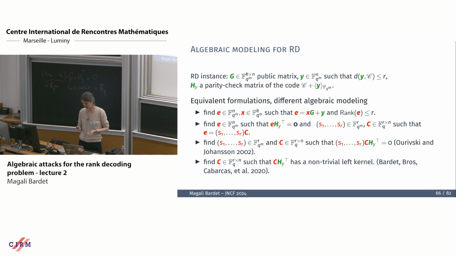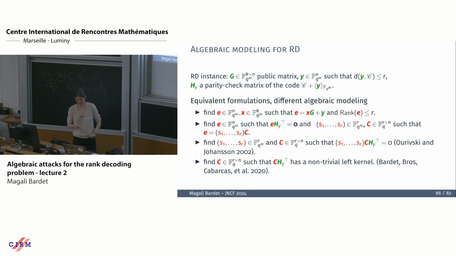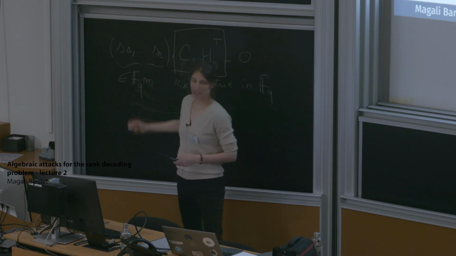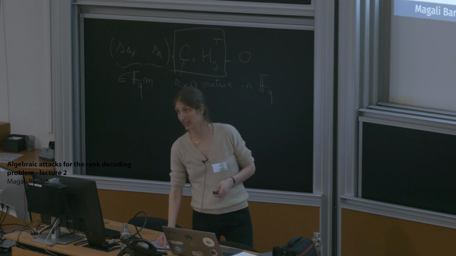So we propose another modeling. If you have this relation, then it means that this matrix, this one, has some elements in its left kernel.